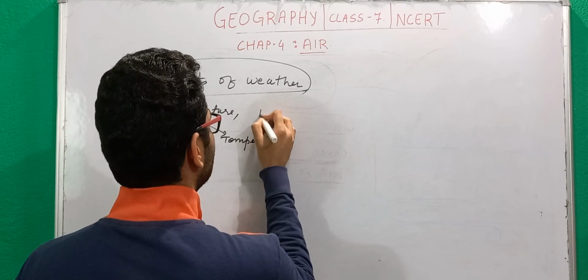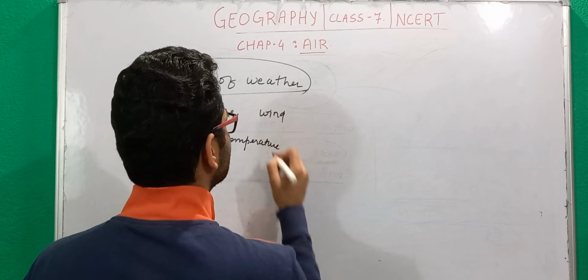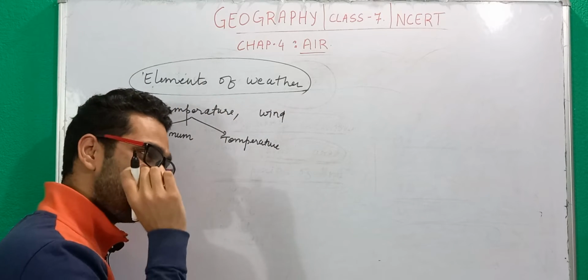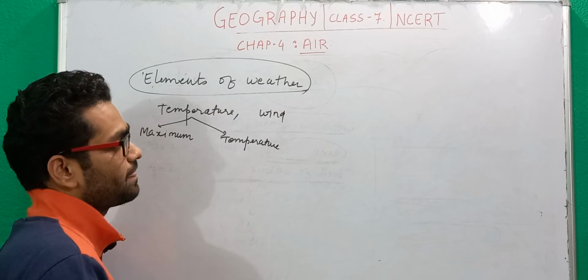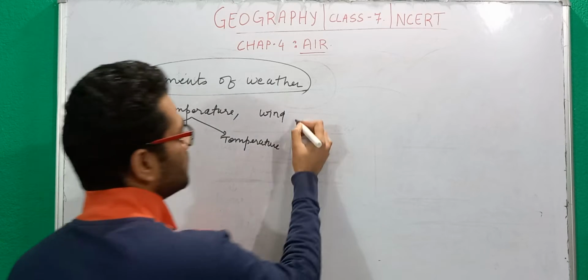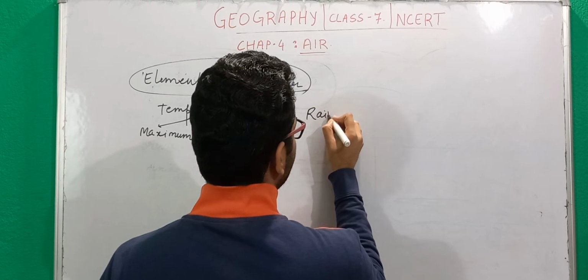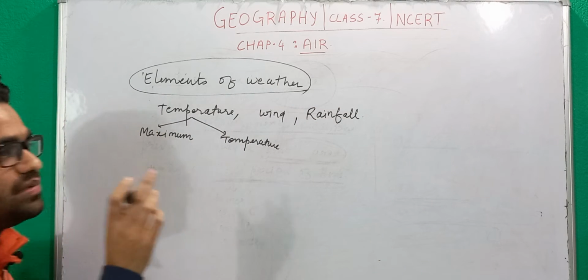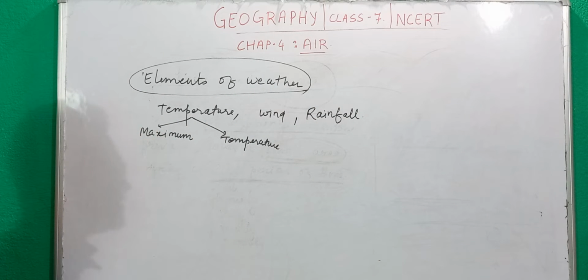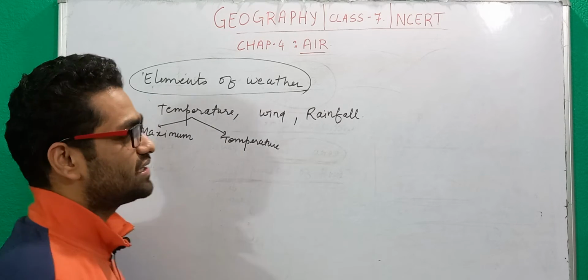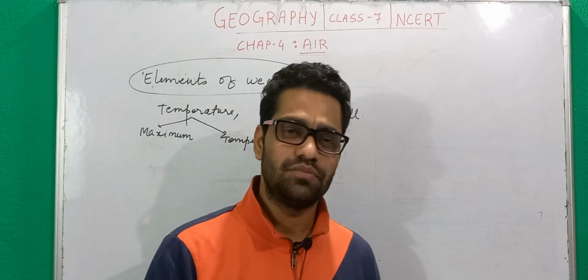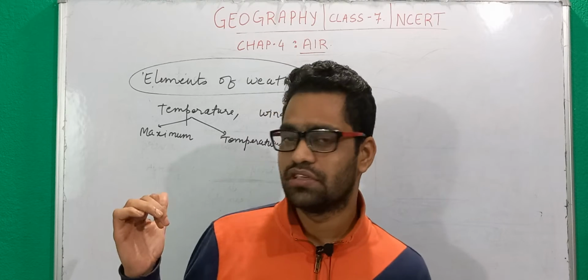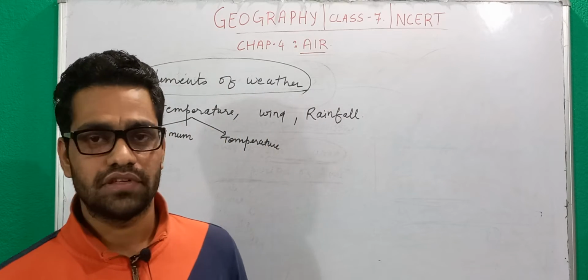Then you will come across this word wind. When I say wind, the amount of moisture it has, the speed that it will have, and then the rainfall. Of course there are many other elements as well, but these are three basic elements that you will find in most weather forecasts; these three elements are often highlighted.